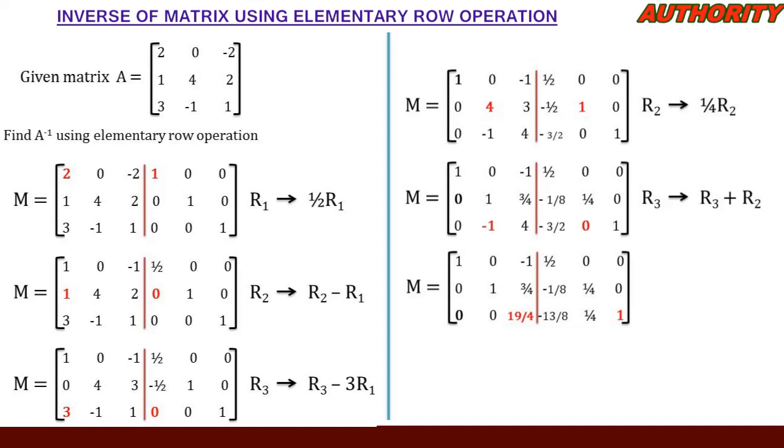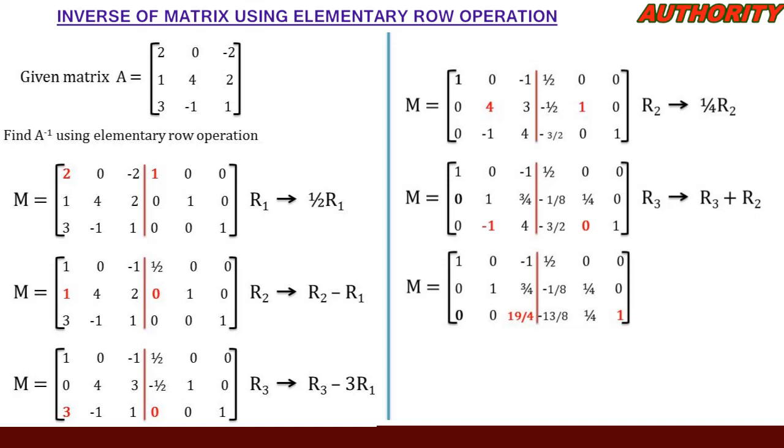Now, the next one, we have minus 3 all over 2 plus minus 1 all over 8. So we say minus 3 all over 2 minus 1 all over 8. When you perform this operation, you are going to have minus 13 all over 8.